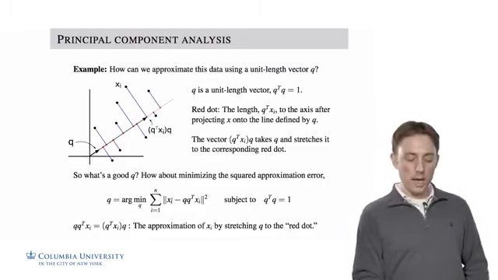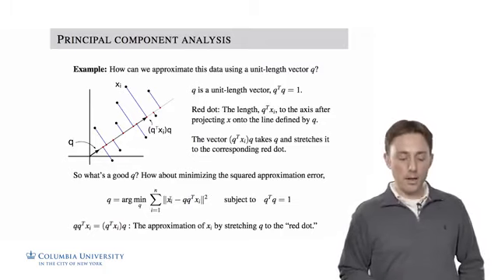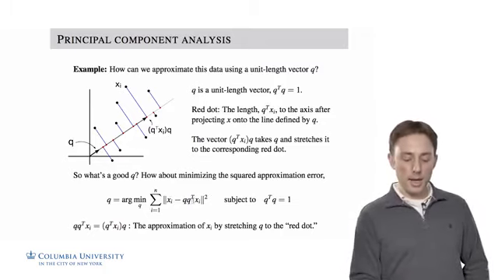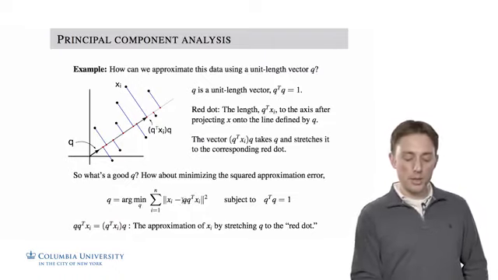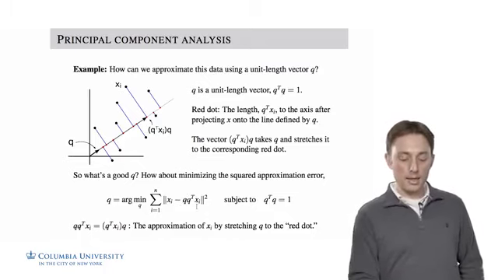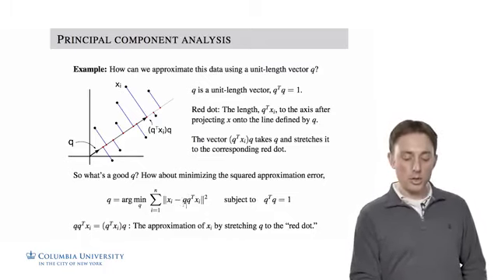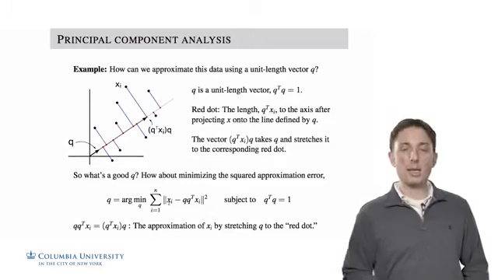We have a vector xi, and we approximate it with the vector q stretched out by the product q transpose xi. We take q transpose, multiply it by xi. That's the amount that we stretch out q. This is our approximation in the same dimensional space as xi.